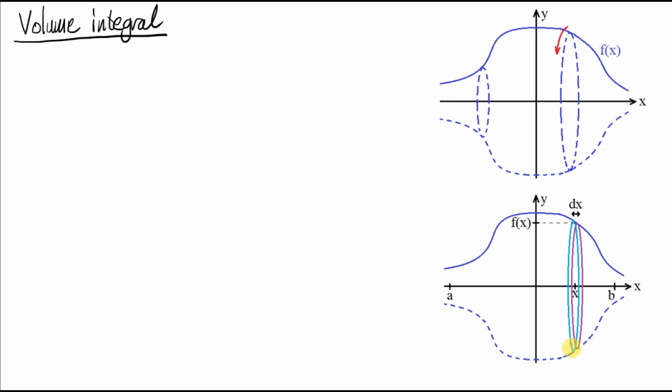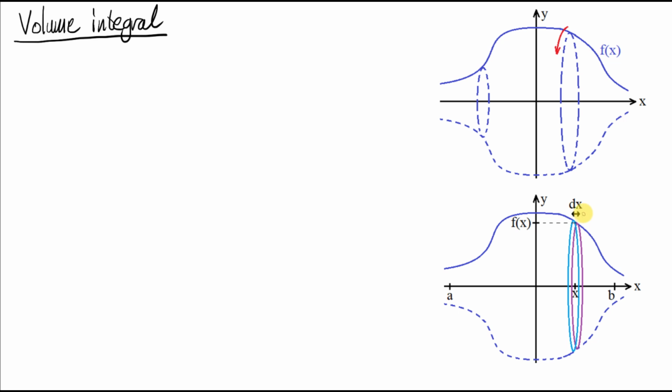If we take slices of the volume with the width, let's call that dx, and we make the slice at x, then we calculate the volume of this one, and then add all those volumes, and we get the volume of the object. So that's the idea. What is the volume of this slice here?